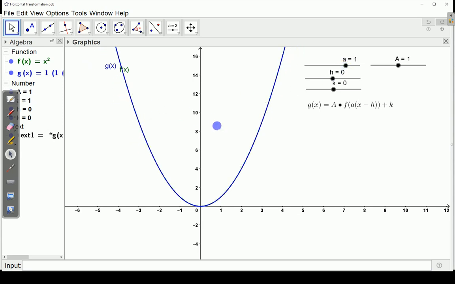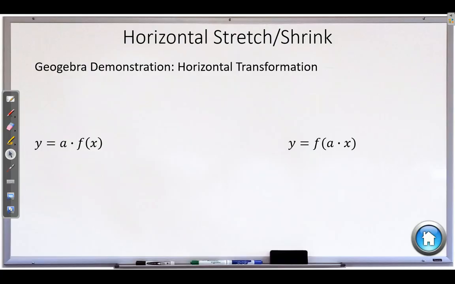We're thinking horizontally now. So let's go back and write that down. The first one, when we are thinking vertically, things happen the way we want them to. If A is bigger than 1, we have a vertical stretch. And if A is less than 1, we have a vertical shrink.